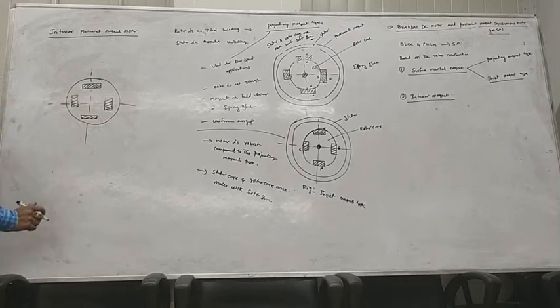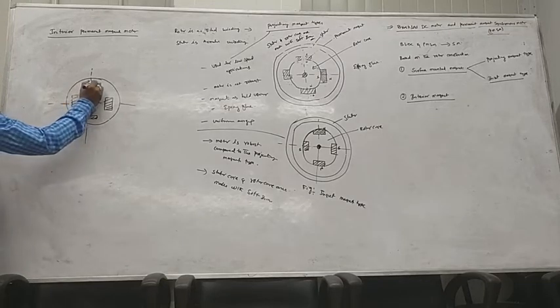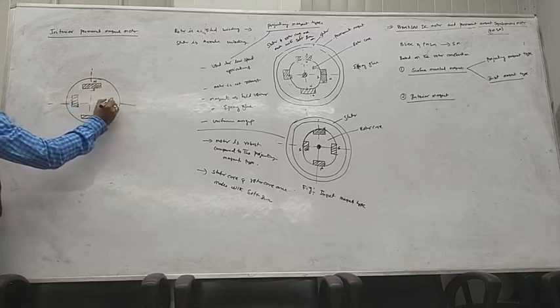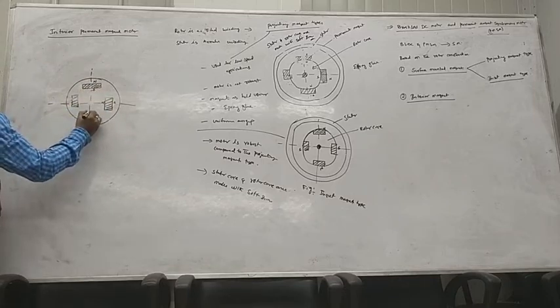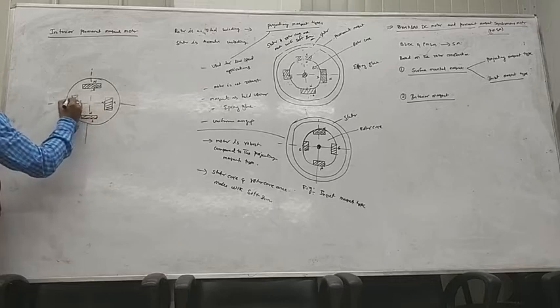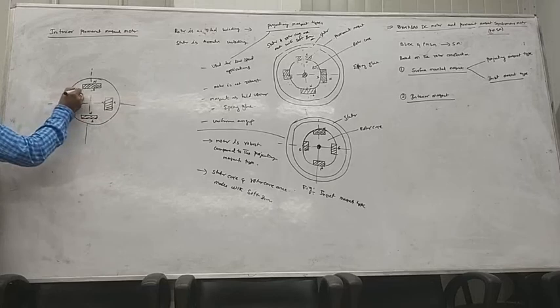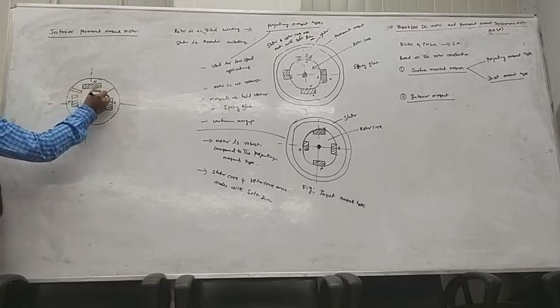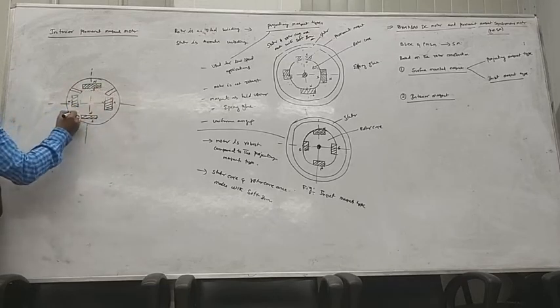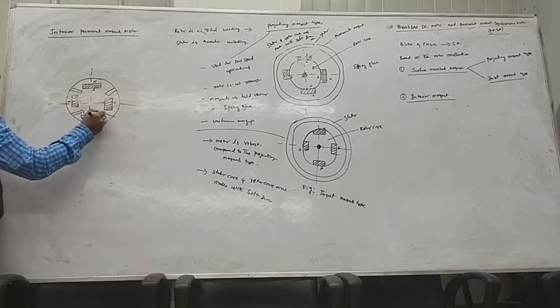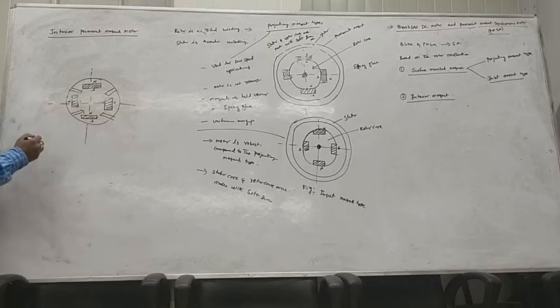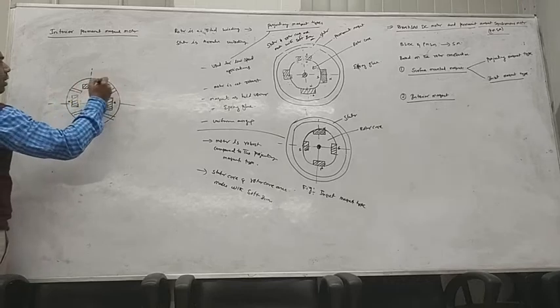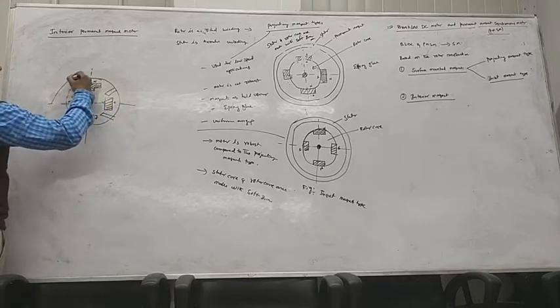This is north pole, south pole, and this is again south pole and north pole, and here north pole and south pole, and south pole and north pole, and in between these there are air gaps. This is again an air gap, and this is also an air gap. So this is the rotor core.